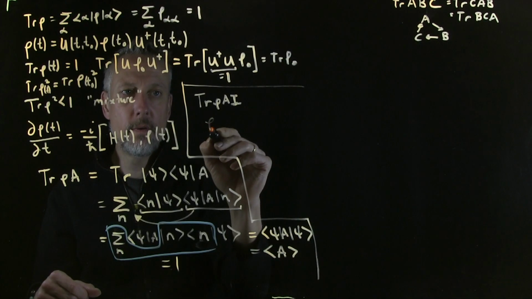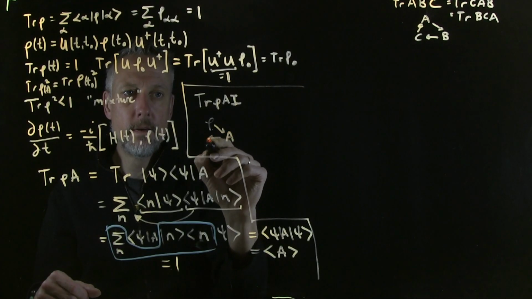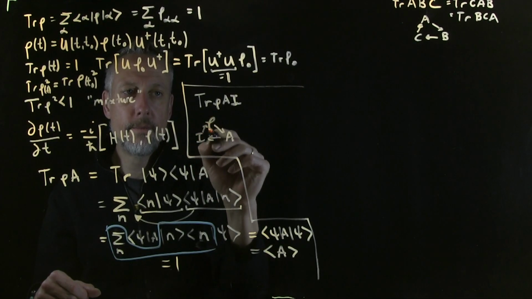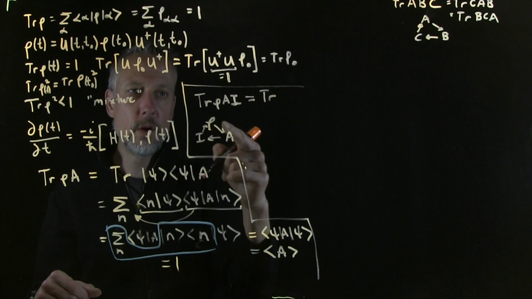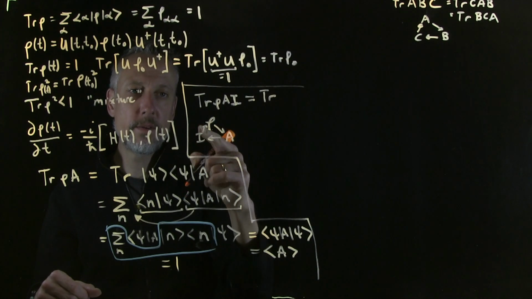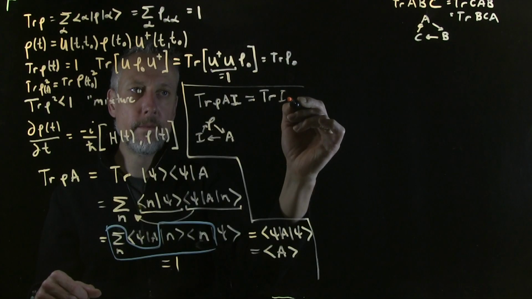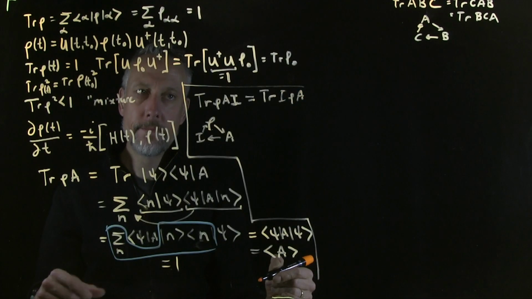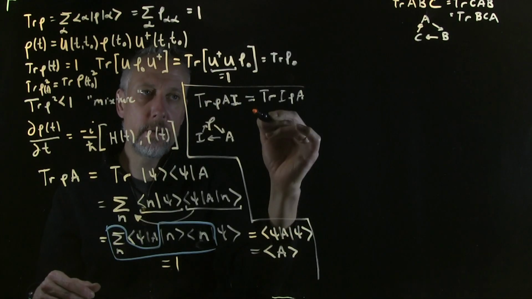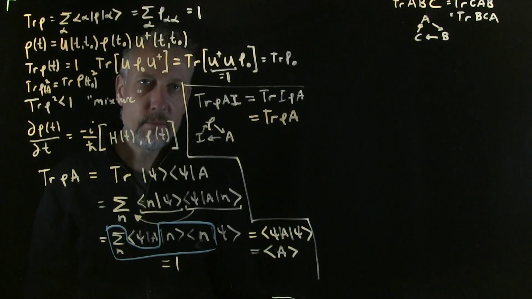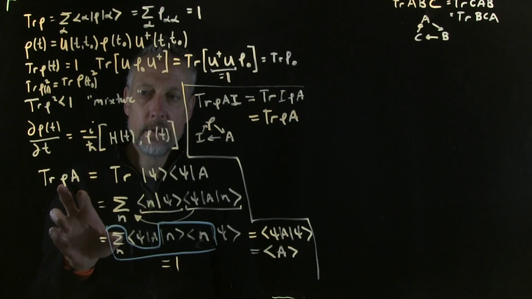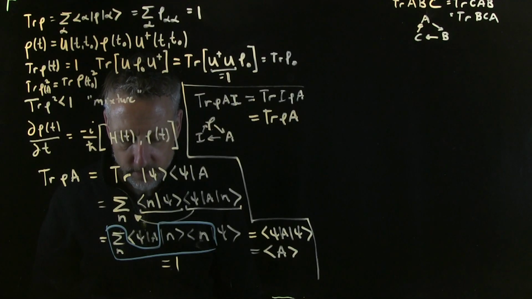So we can write rho A I back to rho, which means that this is equal to trace of rho A I, but it's also equal to trace of I rho A. And do we really need to write I's all the time? No, we don't. So this is also equal to trace of A rho. So what you notice is that computing the trace doesn't depend on the order that you have rho and A. Well, that can be convenient for your formulas and also for your derivations of things.